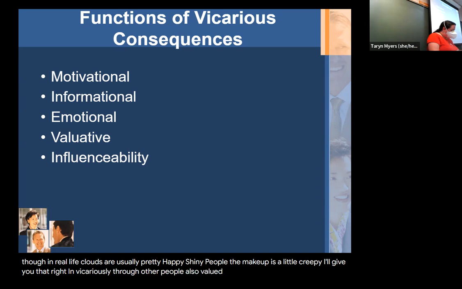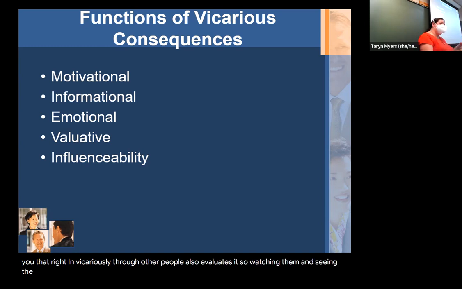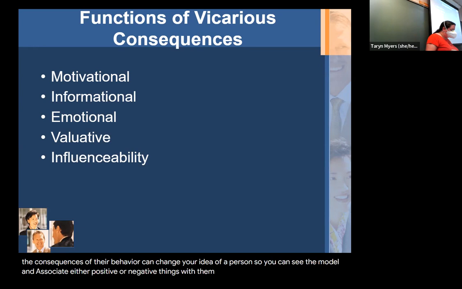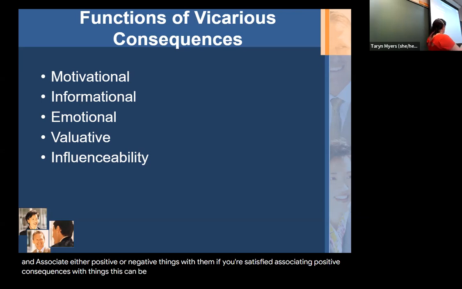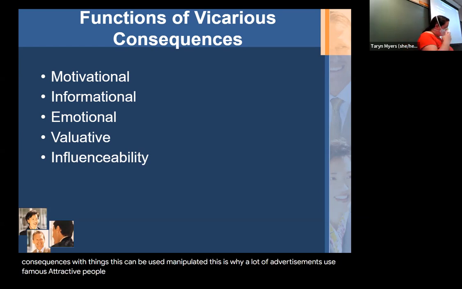Also evaluative. So watching them and seeing the consequences of their behavior can change your idea of a person. So you can see the model and associate either positive or negative things with them. If you're associating positive consequences with things, this can be manipulated. This is why a lot of advertisements use famous, attractive people, right?